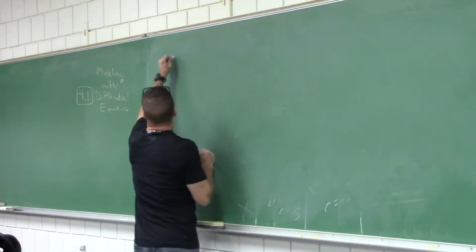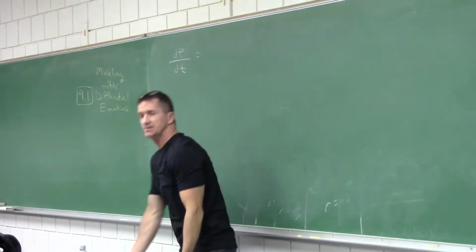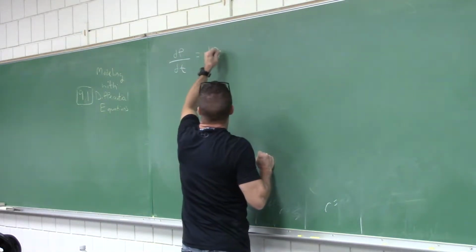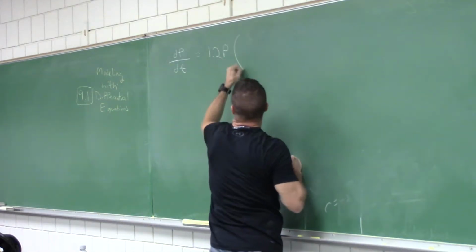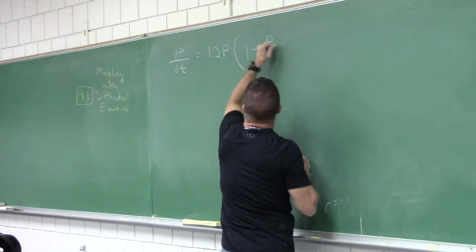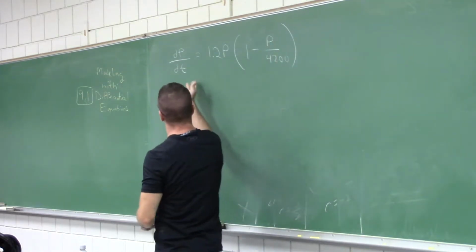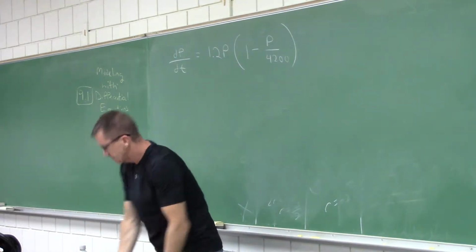So this is what they have. Here's the differential equation. It is rate of change of a population with respect to time. They have it equal to 1.2 times p times 1 minus p over 4,200. And they just asked some questions about this differential equation.